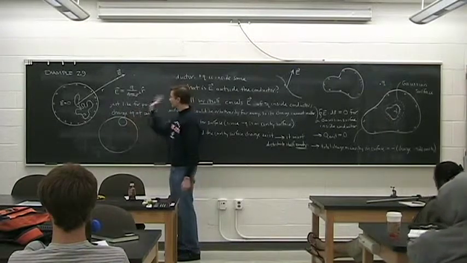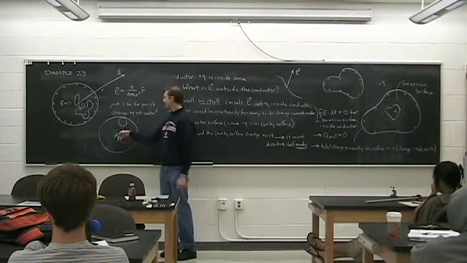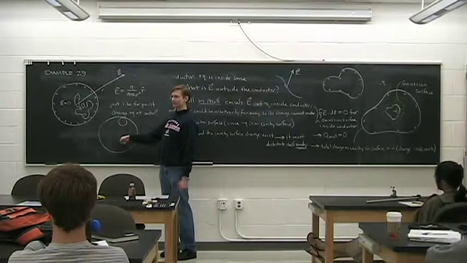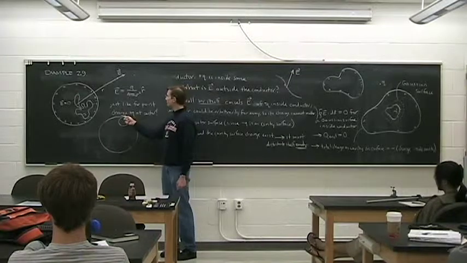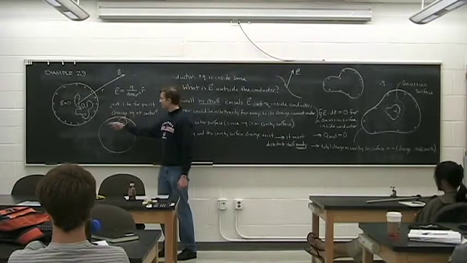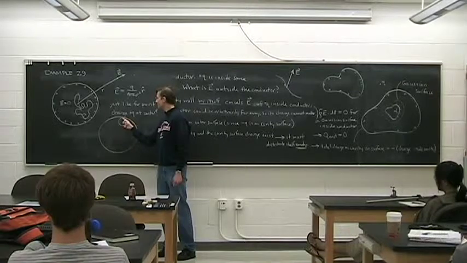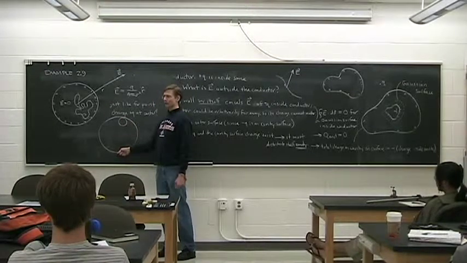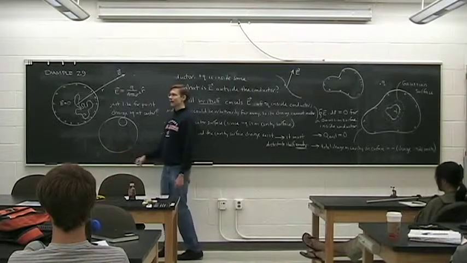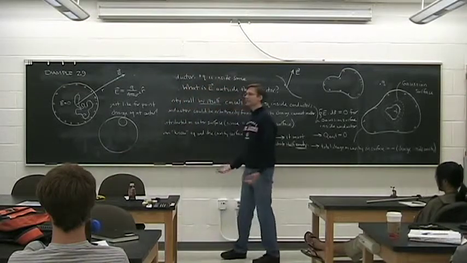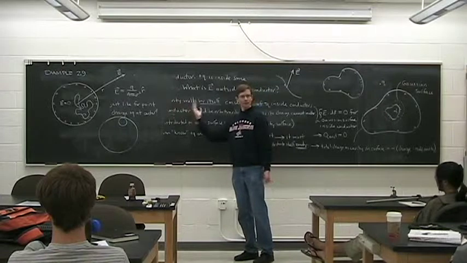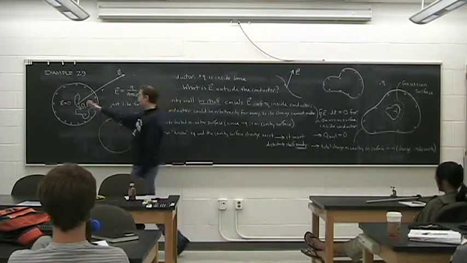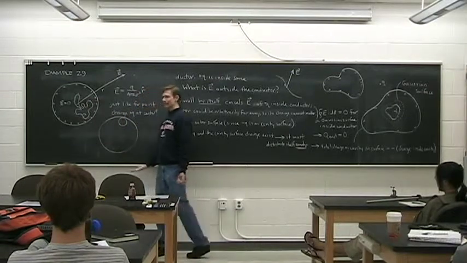It still acts, to the outside world, like there's a charge 5 miles away at the center. The electric field right here is no different from the electric field over here, even though this is 2 microns from the charge and this is 10 miles from the charge. So it's not immediately obvious to me that this is going to drop out like this. And yet we make this argument and realize that it is.